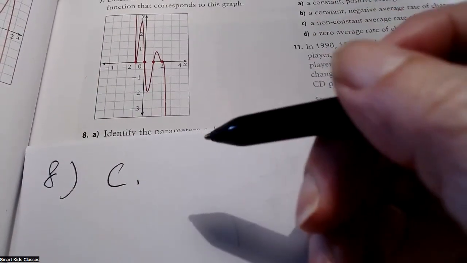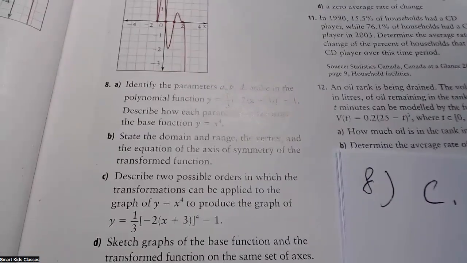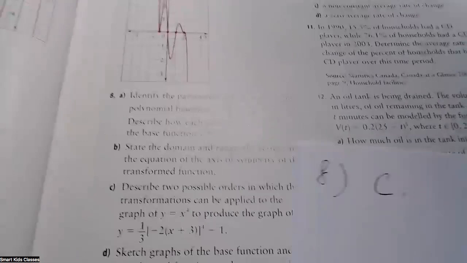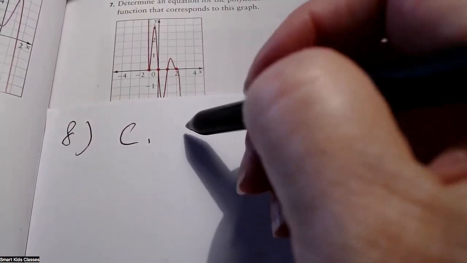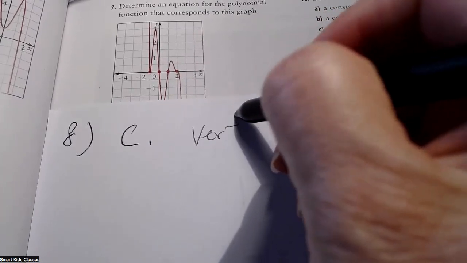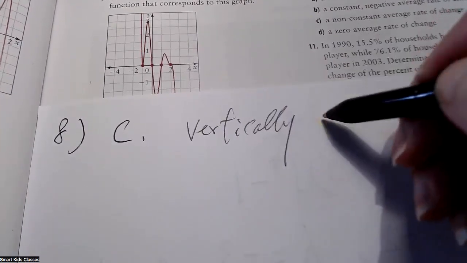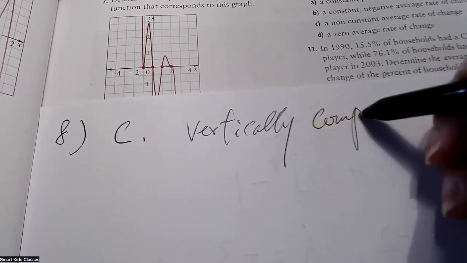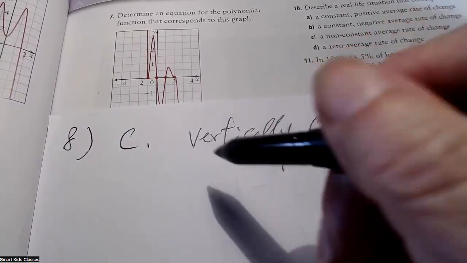Or you can apply, to make it short, shift left 3, shift down 1. Okay. So you're going to write vertically compressed, and also horizontal.